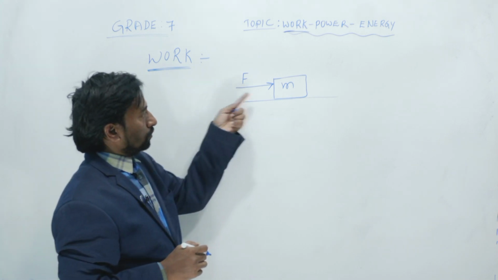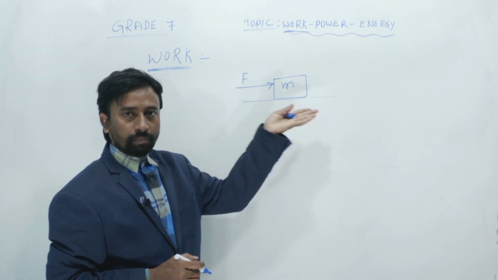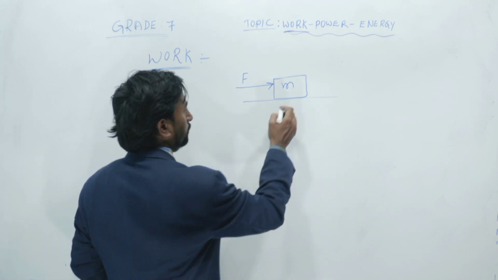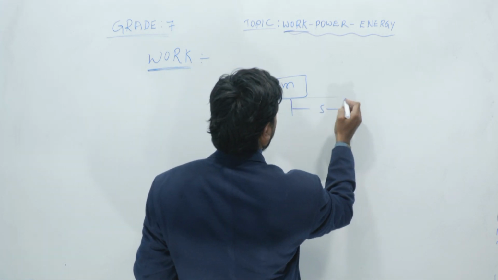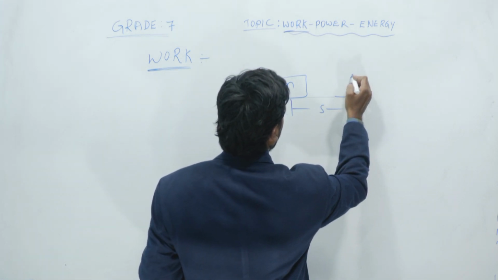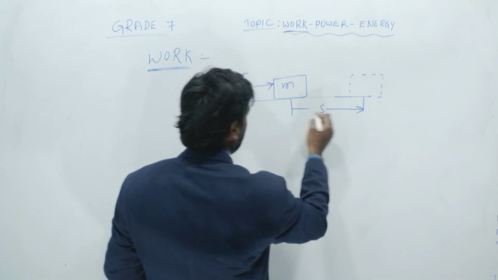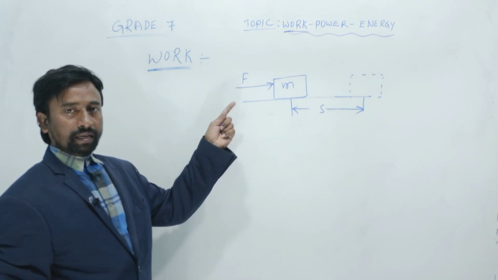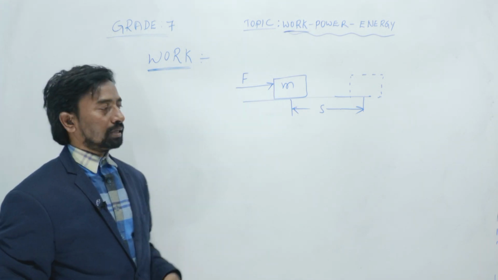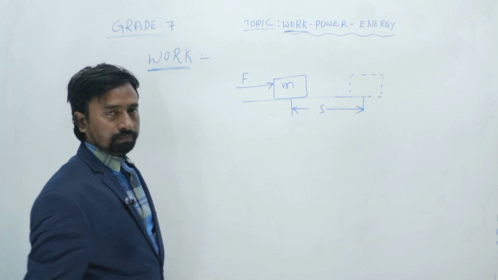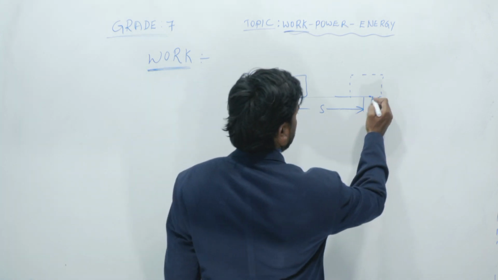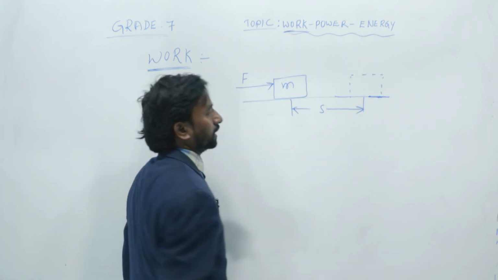Then the body will come into motion and will be displaced from here to here. So when a certain force is applied and there is displacement, we can say that work has been done.